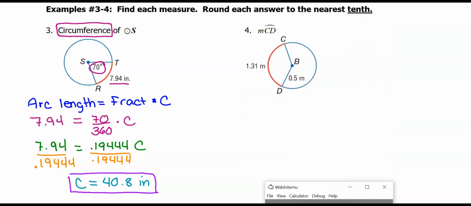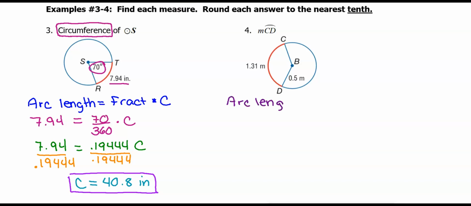And then my last problem here, let's set it up. Arc length equals fraction times circumference. And if you have the formula written out first, you can make it easier to substitute where you need to. 1.31 is my arc length.